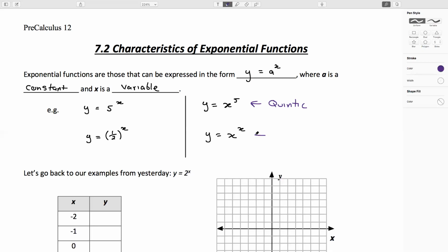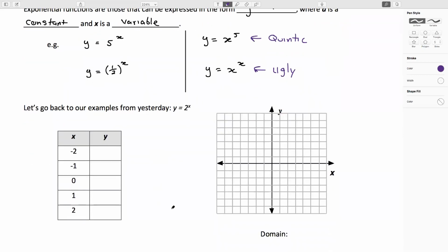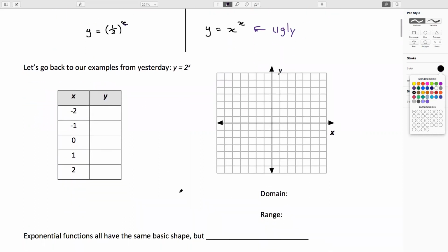I'm not actually sure what type of function this is, but it's definitely a pretty ugly function, and it's not going to be an exponential. So basically, if you've got a base that's a constant and an exponent that's a variable, you've got an exponential function.